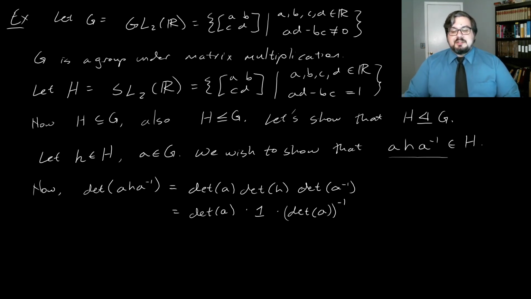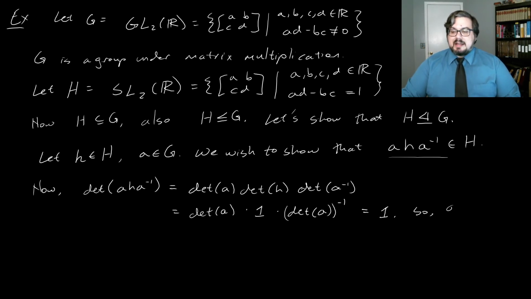So the determinant of A inverse is the reciprocal of the determinant of A. So we get that the determinant of AHA inverse is the determinant of A times 1 times the inverse of the determinant of A, which of course is just 1.